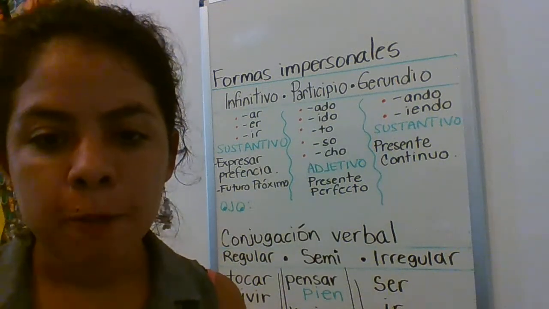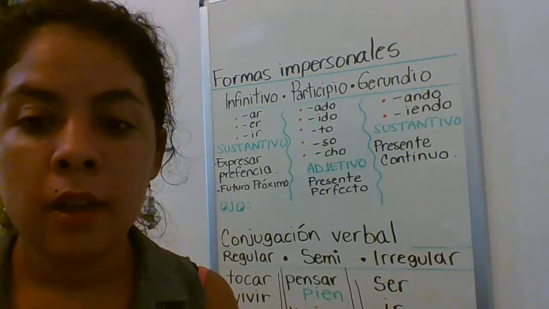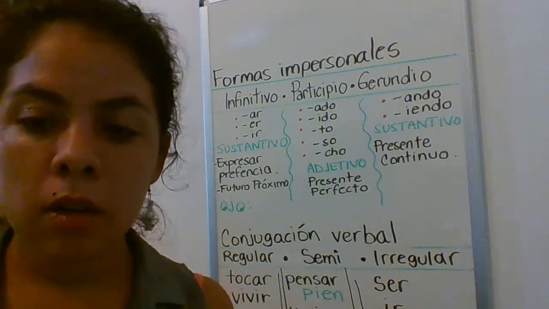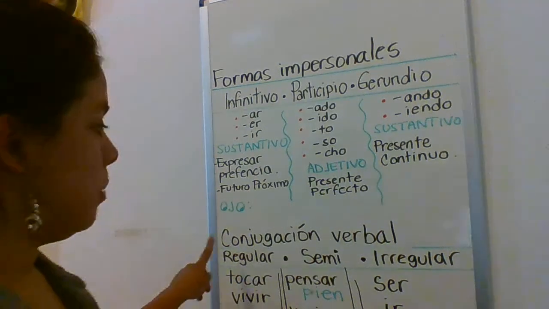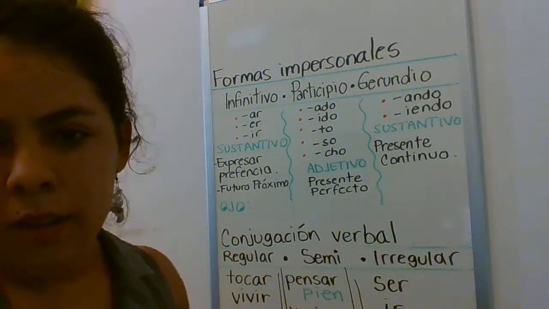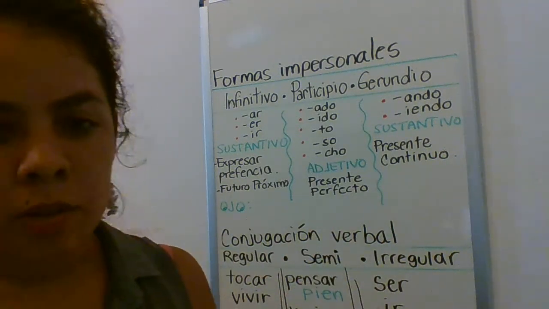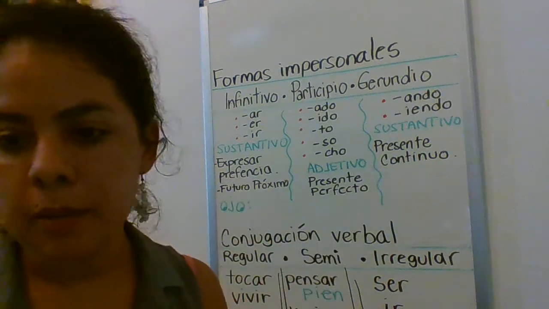The first subject I'm going to talk about is the impersonal, the non-personal form of verbs. And the second subject would be verb conjugation. That's just a little bit at the end. Most important for me today is the personal and impersonal.